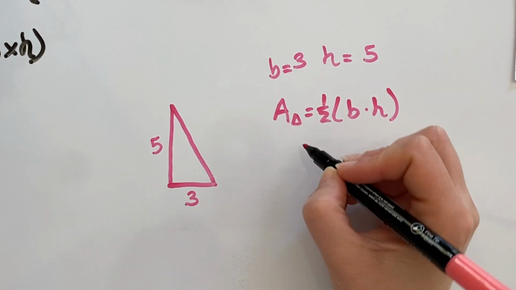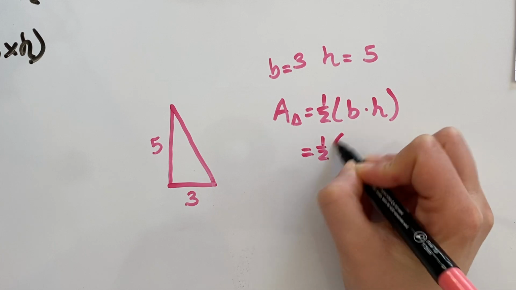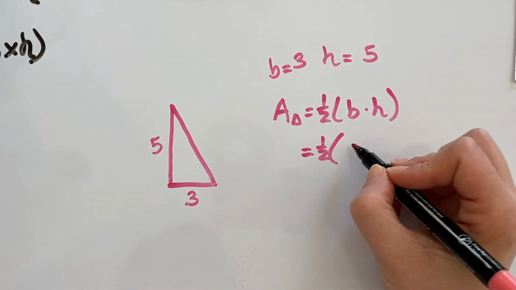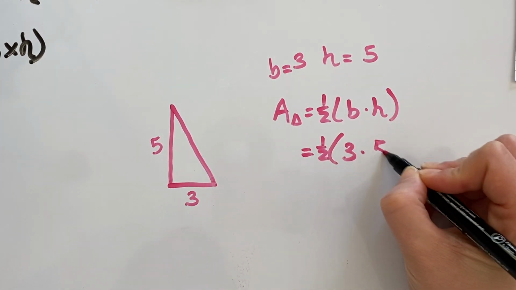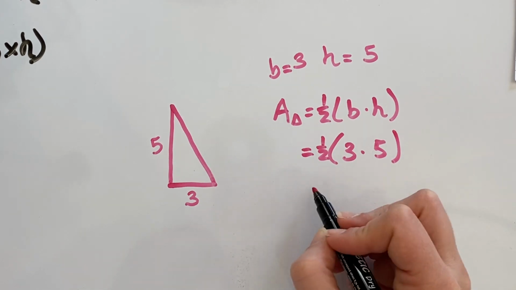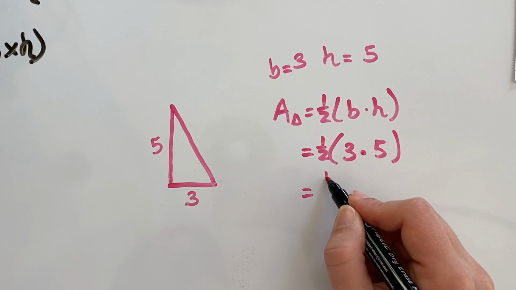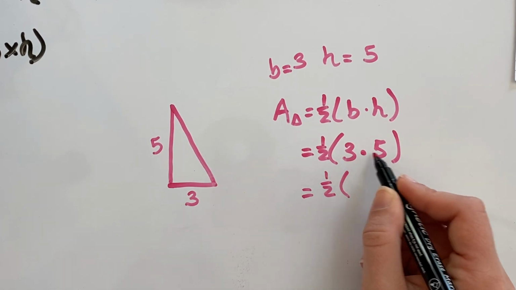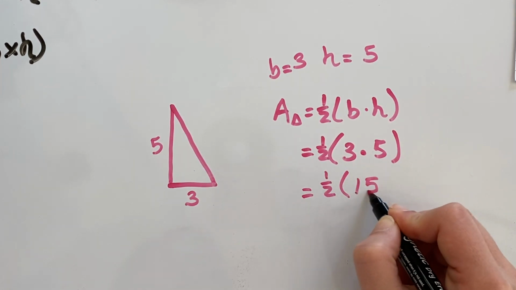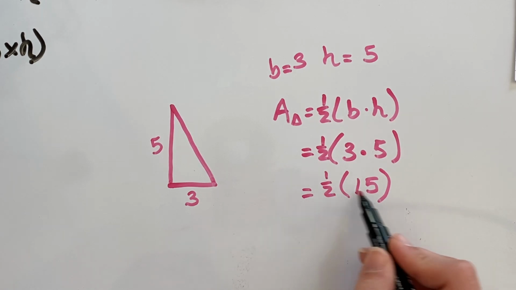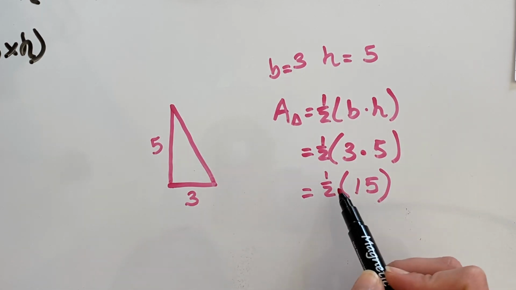So then we will plug it into our formula. We'll do 1/2. My base was 3. My height was 5. And then we're going to multiply. So it'll be 1/2. What's 5 times 3? 15. And then it's saying 1/2 of 15. You could put this in your calculator.